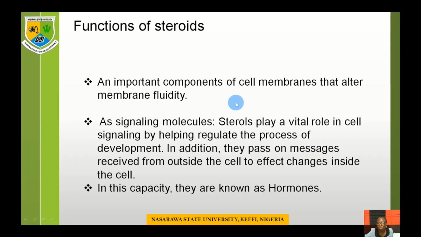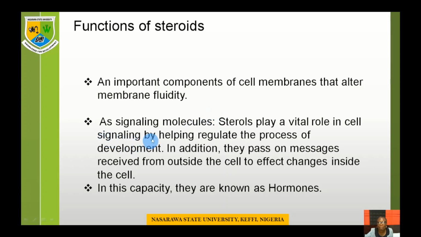They are not supposed to be rigid. So when a membrane is rigid, cholesterol inserts and makes it fluid. And when it is overly fluid, it also inserts and makes sure that it is not too fluid. So that's why I said they alter membrane fluidity.